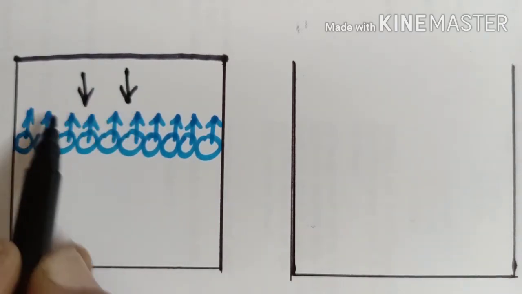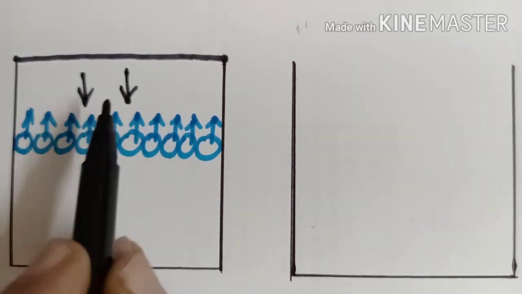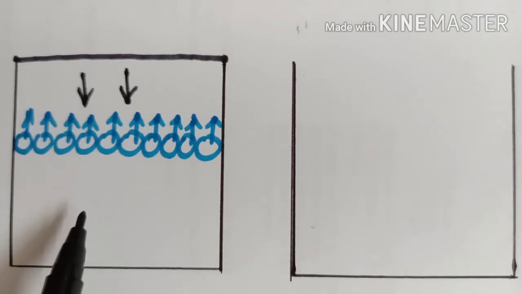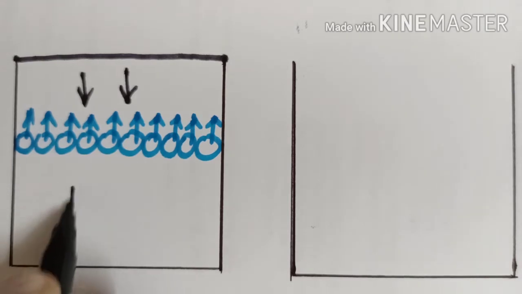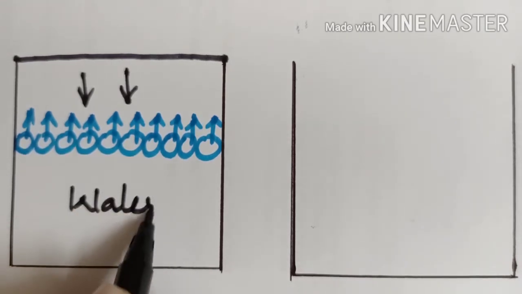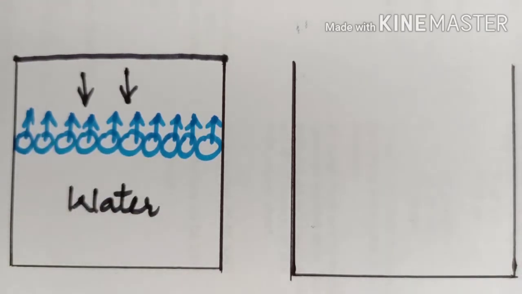That pressure exerted by the vapors on the surface of the liquid is known as vapor pressure. Here, in the case of water, the vapor pressure is taken as P0A.